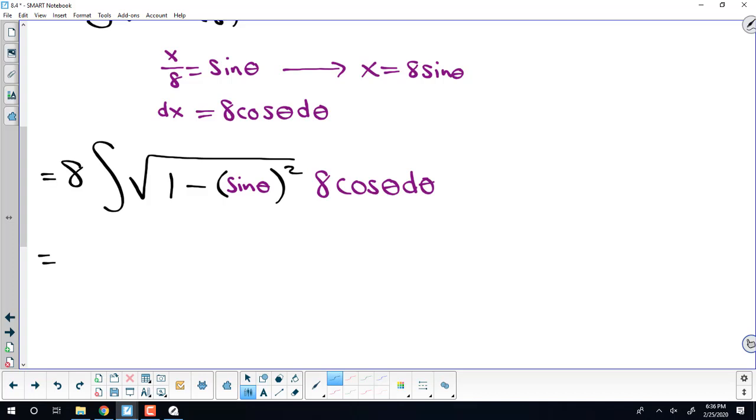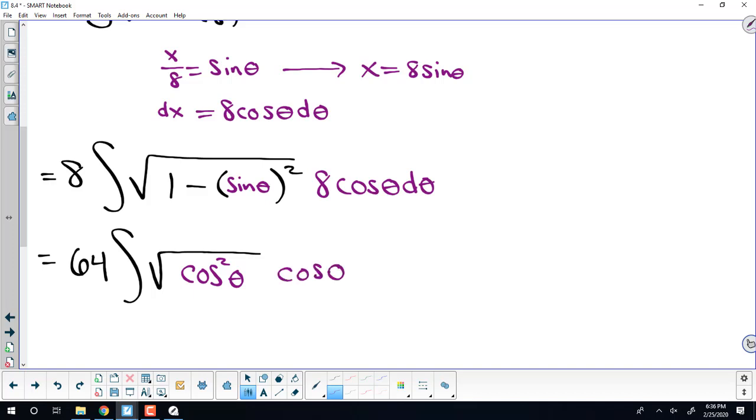Okay, so we have our 8 times 8. We'll go ahead and put our constants here. This is now cosine squared. 1 minus sine squared is now cosine squared. And then we still have that times this cosine. Does anybody have any questions on where we're at?